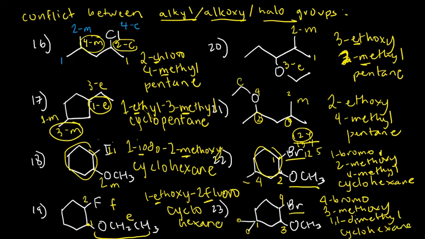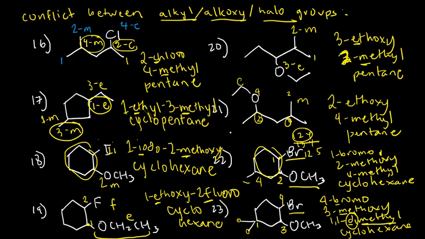Now you may ask, B, then M, then D, shouldn't this go first? And the thing is, we ignore multiplicity prefixes, meaning you still consider the methyl, not the di. So if there's tri, tetra, penta, that's not part of the arrangement by alphabetization, okay? Just a very important rule.